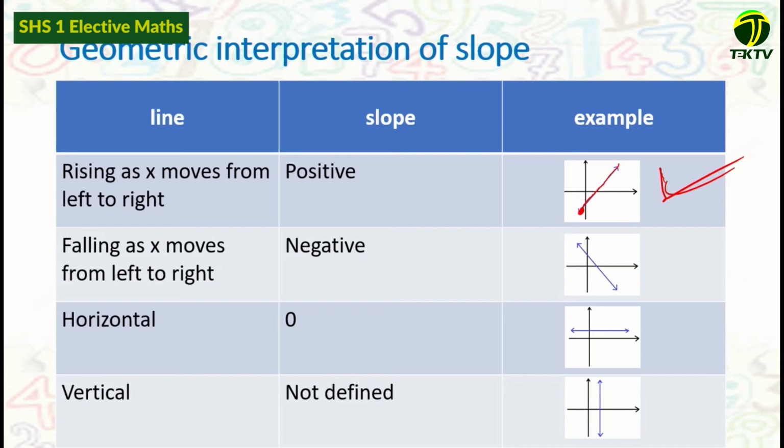So now I'm moving from the left to the right, so I'm increasing. And so that will give you a positive gradient. Please note this part carefully. Anytime the line rises as x moves from left to right, that will always give you a positive gradient or slope.